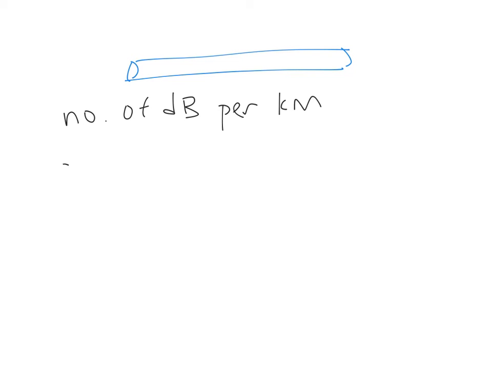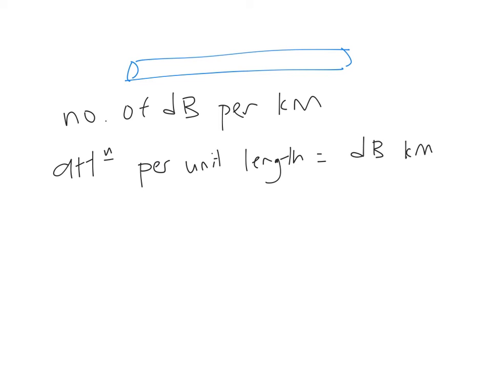So we call this attenuation per unit length. That means how much your power will drop for every kilometer. For every cable that you use, they will tell you this rating in terms of dB per kilometer. Understand? How many dB per kilometer?